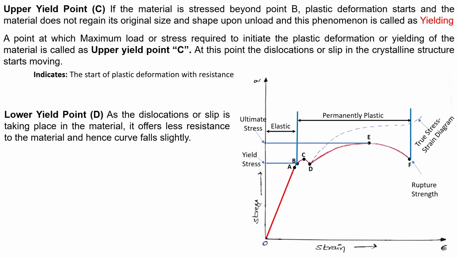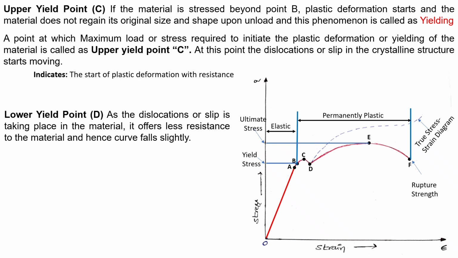As the dislocations or slip is taking place in the material, it offers less resistance and hence the curve falls slightly. So here observe, between point C and point D, the curve falls slightly from point C to point D. The reason is at the point C dislocations or slip are initiated.